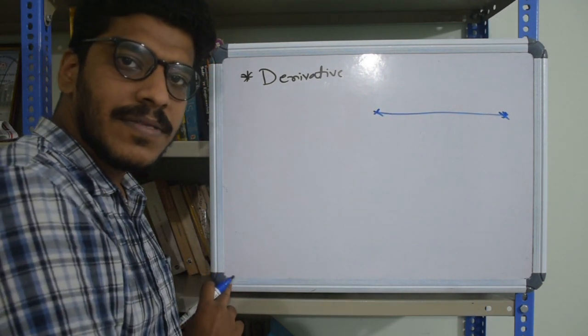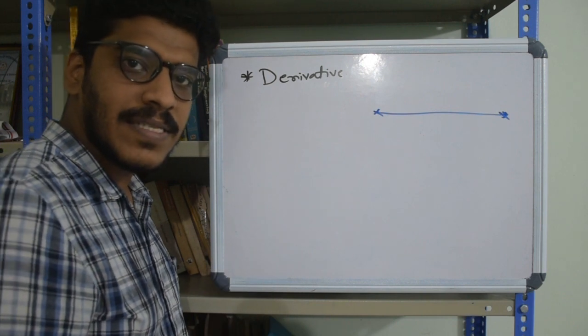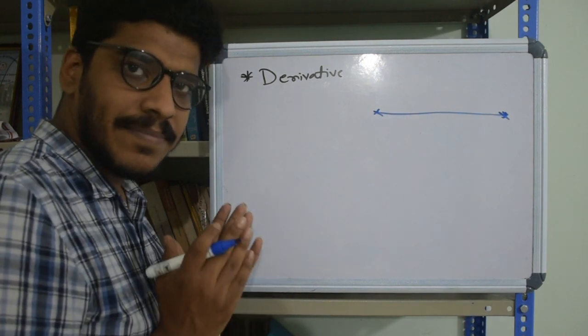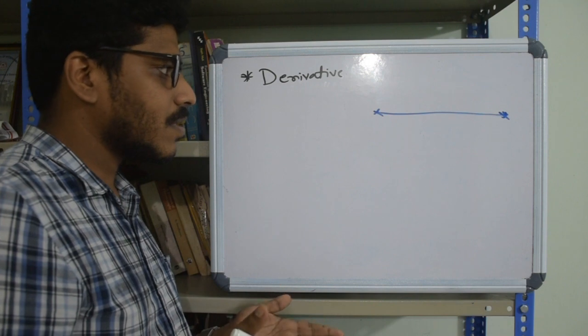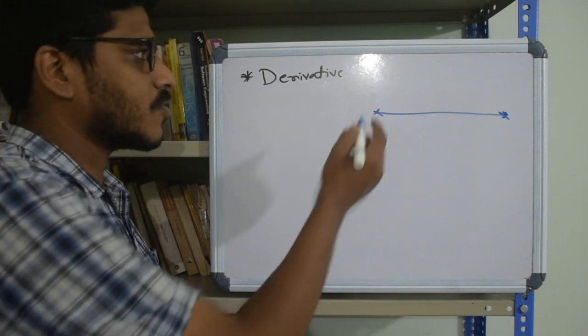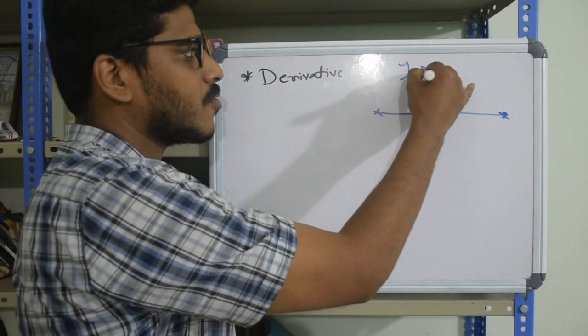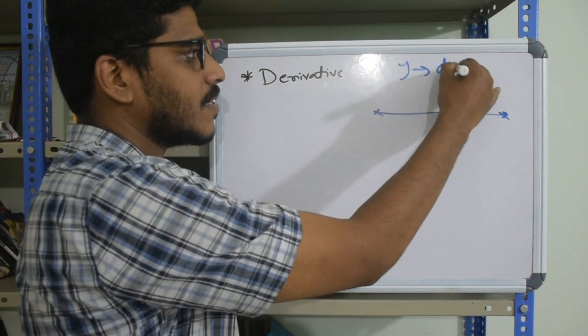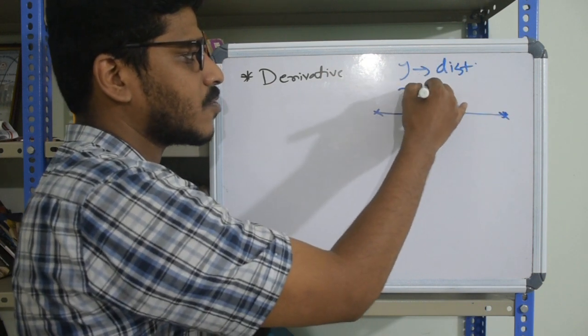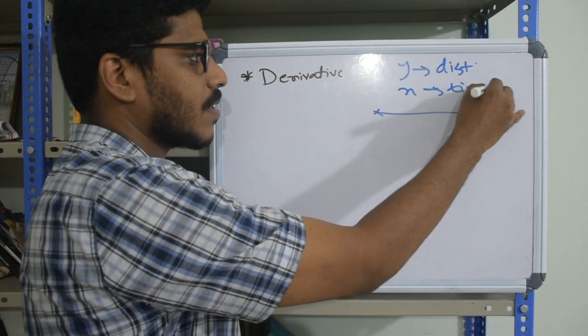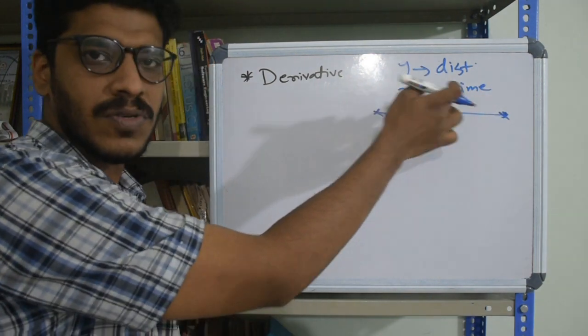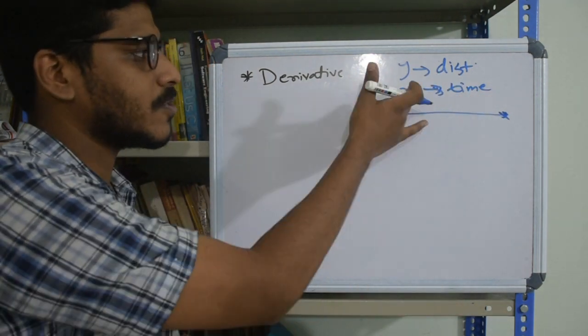Suppose the distance traveled by the bus in time t or in time x. So I choose two variables here. Say y to be the distance covered and x to be the time. Usually the variable t may be chosen for time, but for convenience I choose x here.